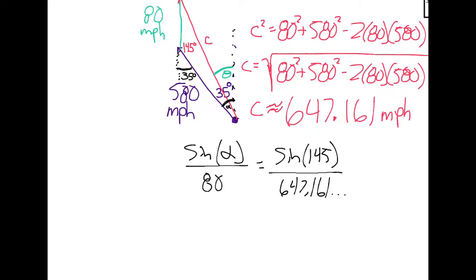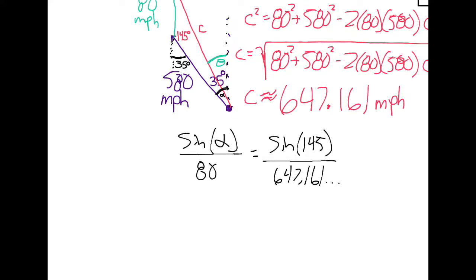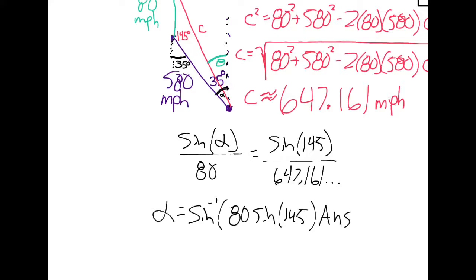And so I need to manipulate this equation to get alpha. To do that, I need to multiply by 80 on both sides and take the inverse sine of both sides to find that alpha equals the sine inverse of, I'll show you how I would type this into the calculator, 80 sine 145, close your parenthesis, over that last thing we got, the 647.161. That should show you that alpha.